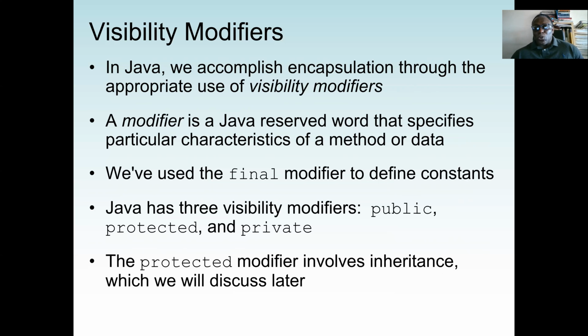So class A is a superclass, and class B is a subclass because class B inherits data members from class A. Now, if I want class B to directly access the data members of class A, then I have to make the instance variable protected.